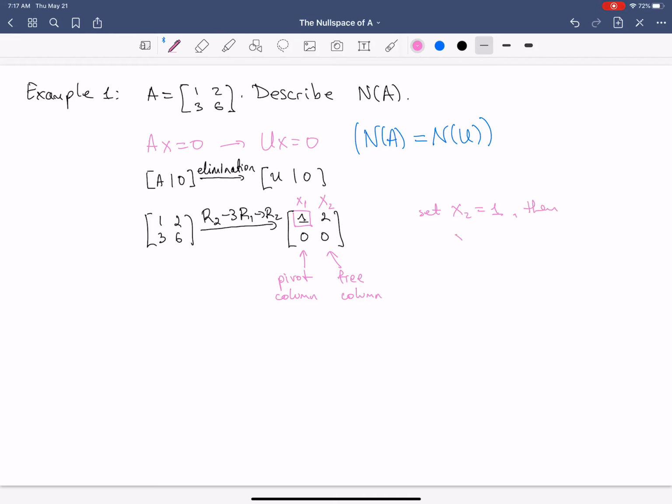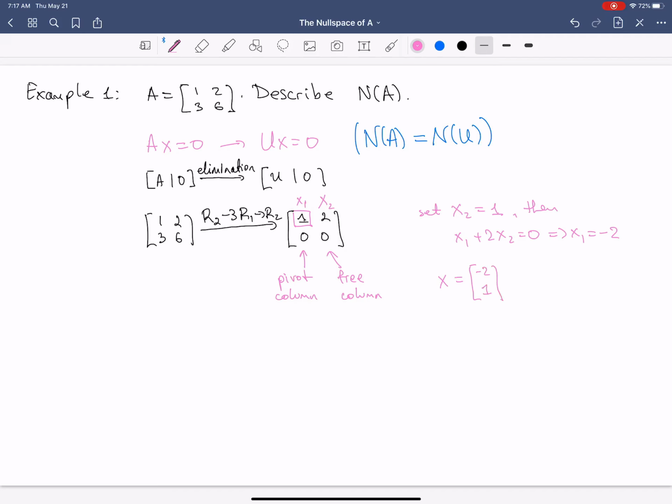Then we have x1 plus 2x2 equals 0, which gives that x1 must equal -2. Now let's check. So we are claiming here that x is (-2, 1).